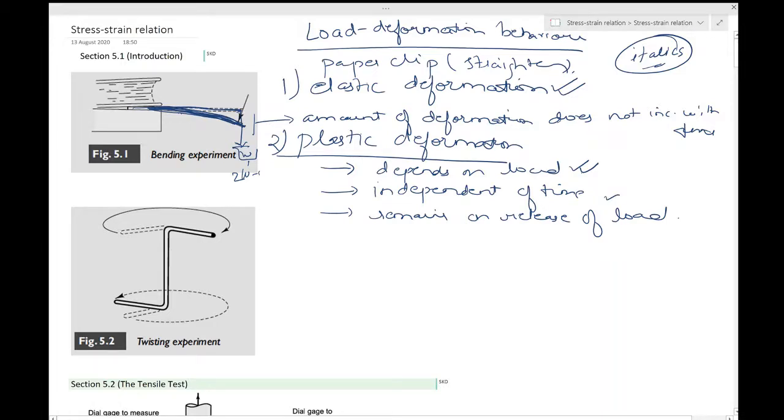Once it is done, it is fixed. And lastly, it will remain on the release of the load. The deformation will not go away as it did in the elastic deformation. So you should be very careful about what an elastic and a plastic deformation is. Now you have to do another experiment, and I'll just rub this part off.